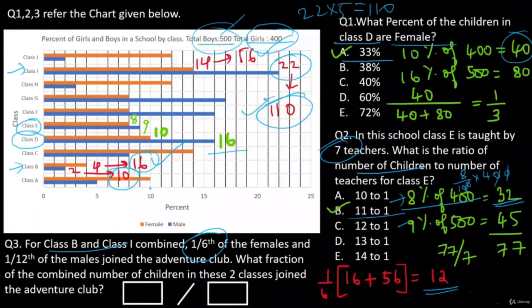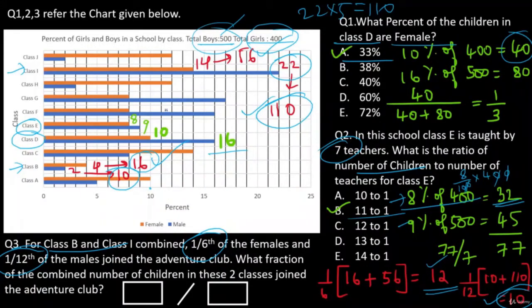So the total number of boys is 10 plus 110, which is 120, and it's given that 1/12 of the males joined. So 1/12 into 10 plus 110 is 1/12 into 120, which is equal to 10, right? So a total of 10 boys and 12 girls joined this club. So the total number of children that joined is 12 plus 10, which is equal to 22, right?